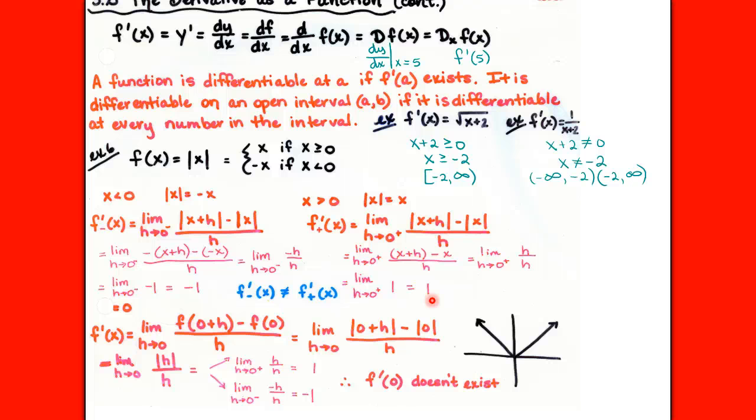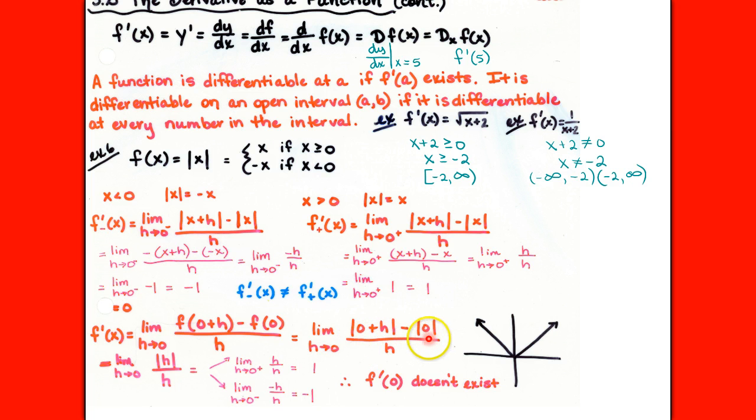So if I think about when x is equal to 0 and I take the derivative, then I'm going to put 0 in the place of x. So that would be f of x plus h, where we've put 0 in for x, minus f of x, where we've put 0 in for x, divided by h. So if I put 0 plus h in the place of x, that'd be the absolute value of 0 plus h.